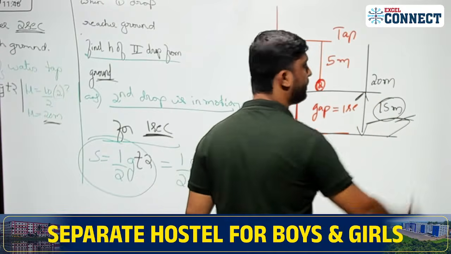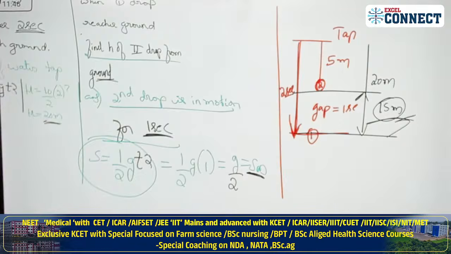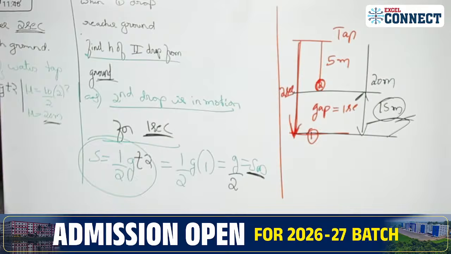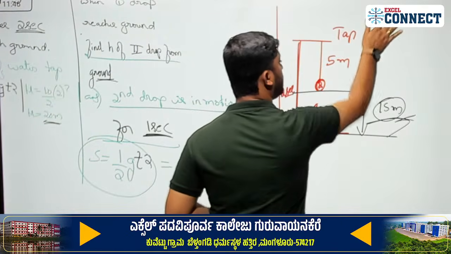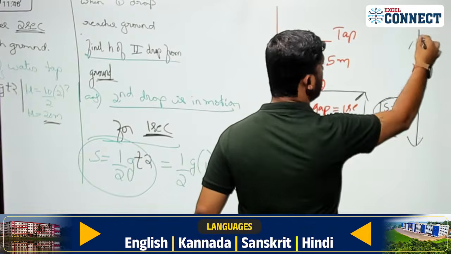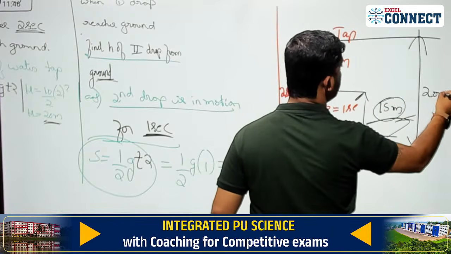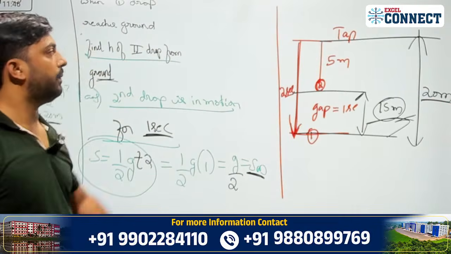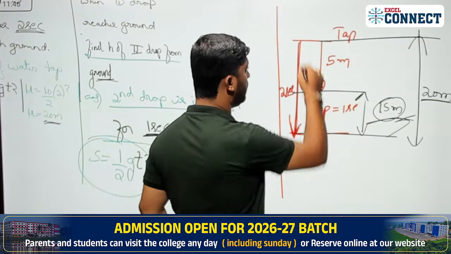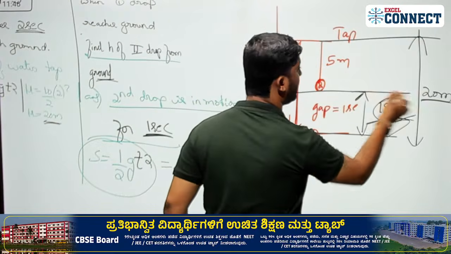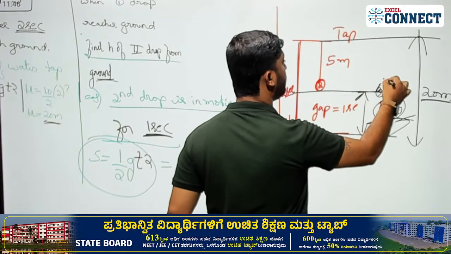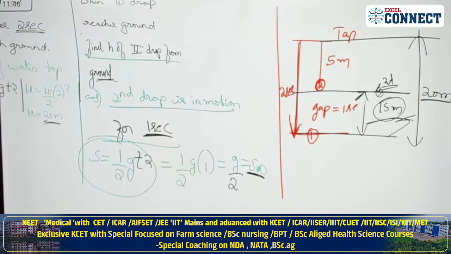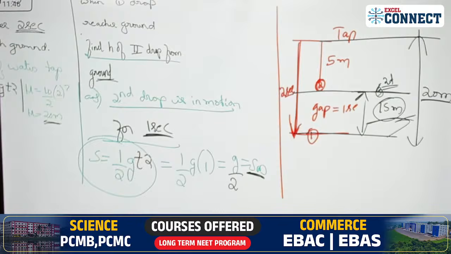It is 15 meters, because the total distance is 20 meter and the second drop has traveled 5 meter. So total distance is 20 minus 5. Height of the second drop is 15 meter. This is the answer.